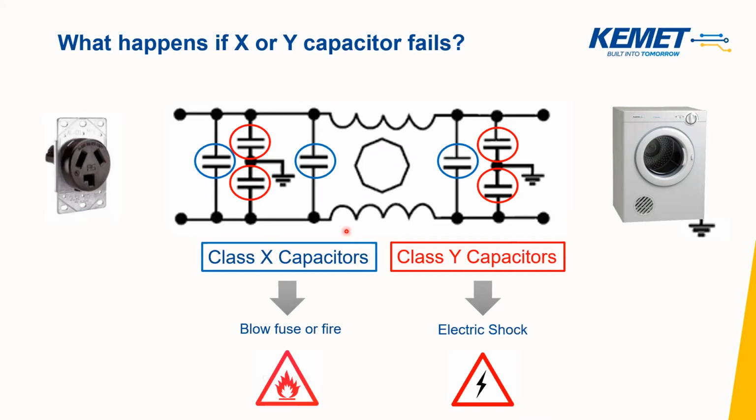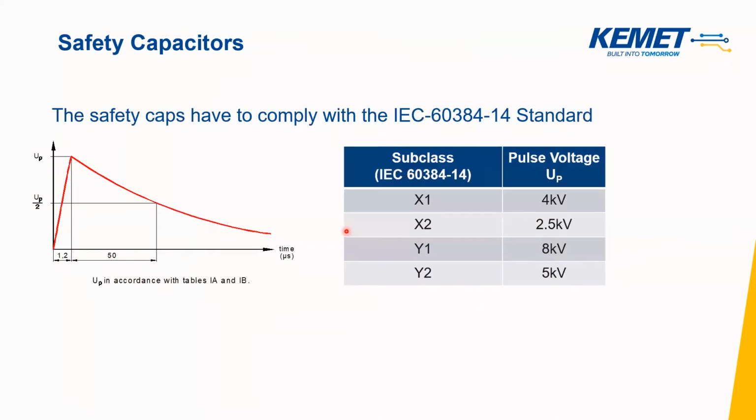And this is why a class Y capacitor also has to qualify much tougher qualification standards. This qualification standard is defined by the IEC 60384 norm, where X1, X2, Y1, Y2 are the different safety ratings given to safety capacitors.